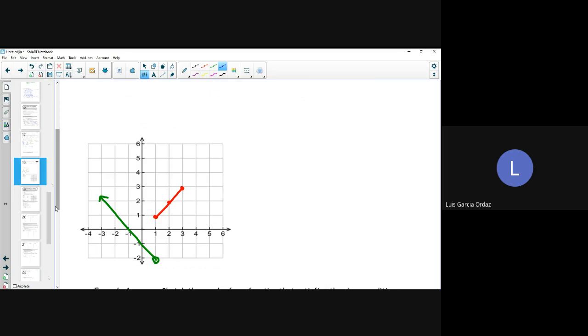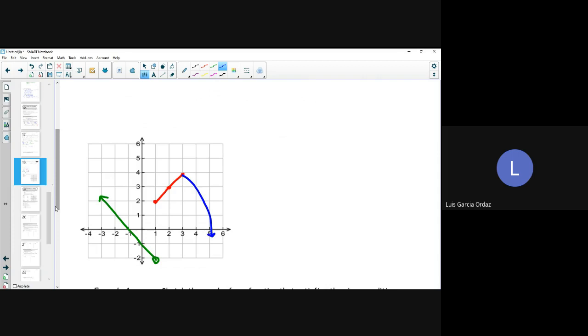So x plus 1. Oh, my bad. I drew this one wrong. This one's 1 and 2. That's where I messed up. Okay, and then we have our vertex at 3 and 4, which means that my graph is going down this way.